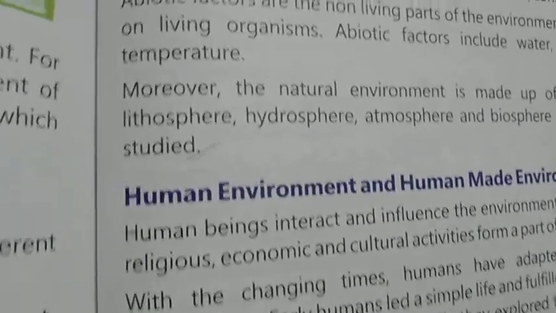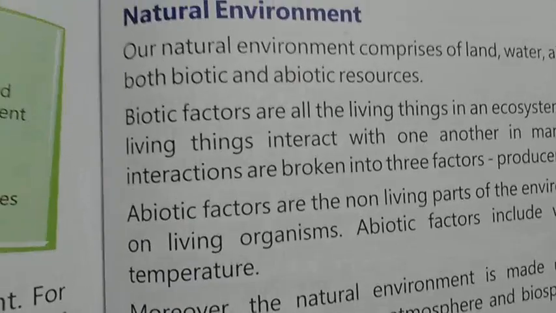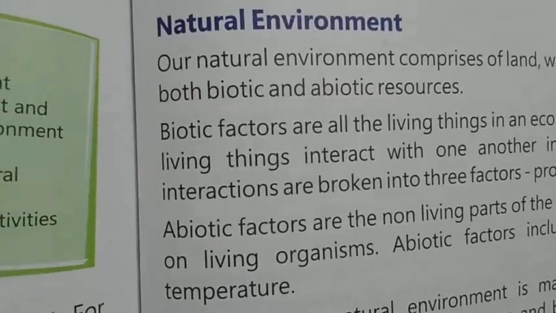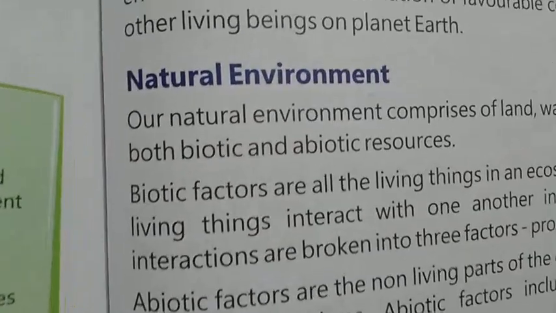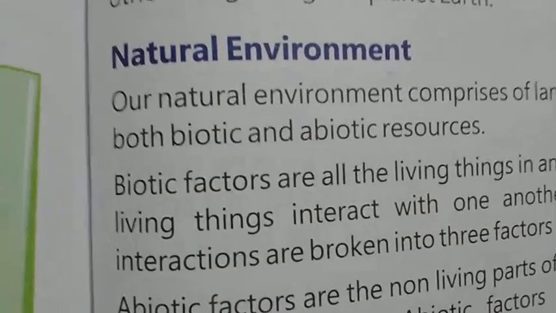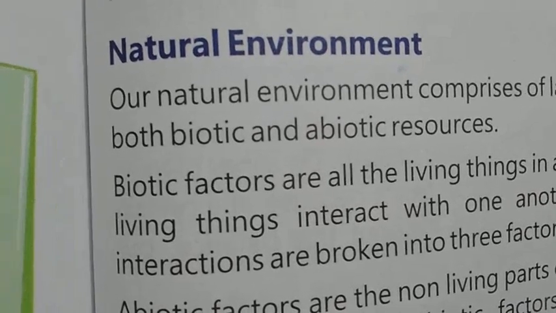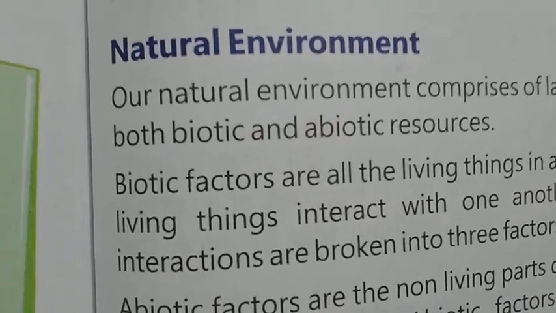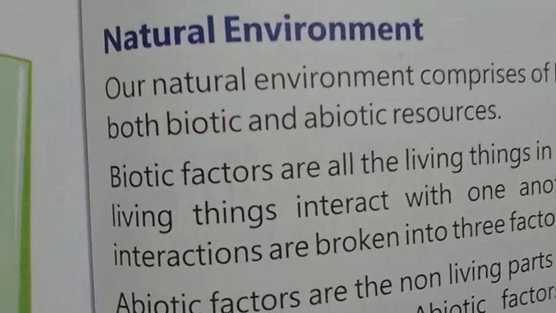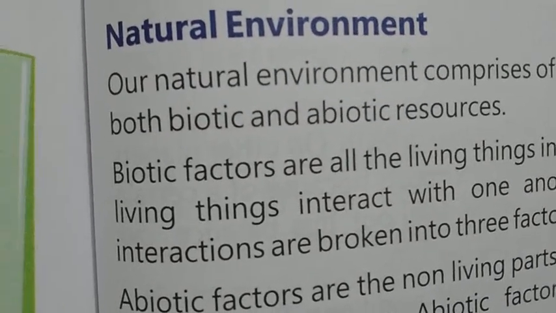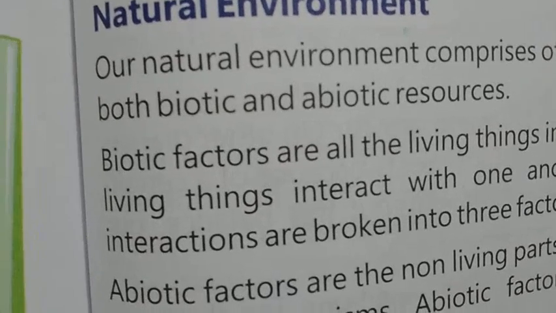Abiotic factors are the non-living parts of the environment. They have a major influence on living organisms. Abiotic factors include what? Yes, water, that means hydrosphere, and oxygen, carbon dioxide, etc., that is atmosphere, and lithosphere is soil.